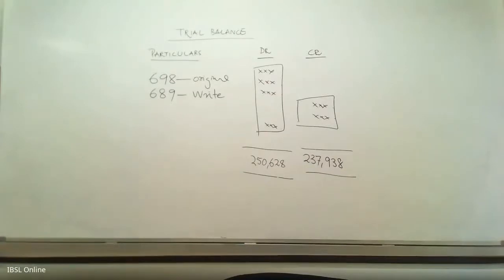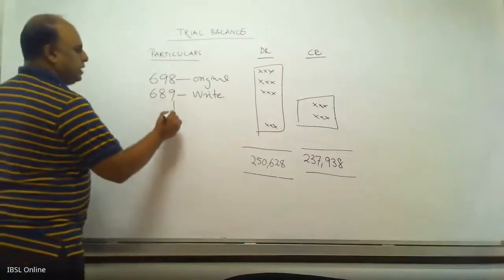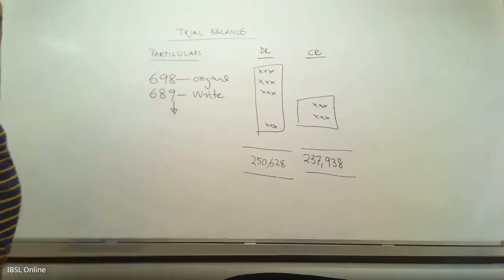What do you call this? Normally, what do we call this? Anyone? There is a special name given for this. I would like you all to send the answer as a chat. What do you think the name given for this kind of mistake?